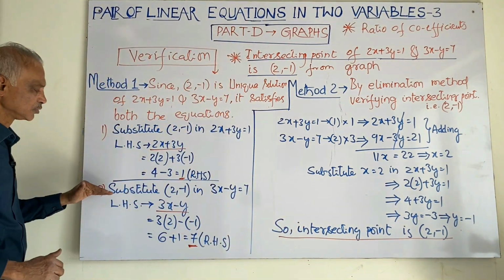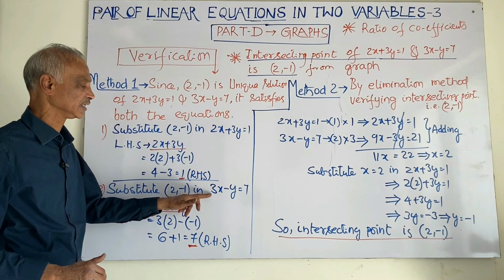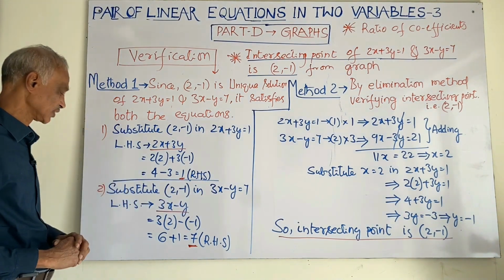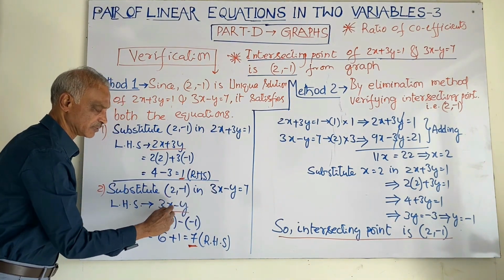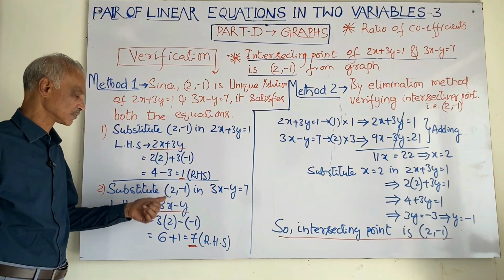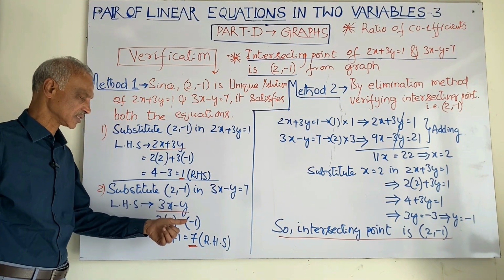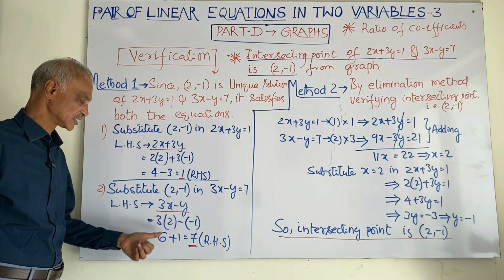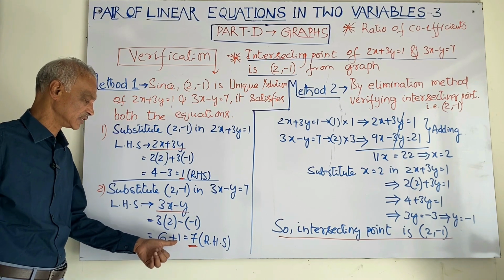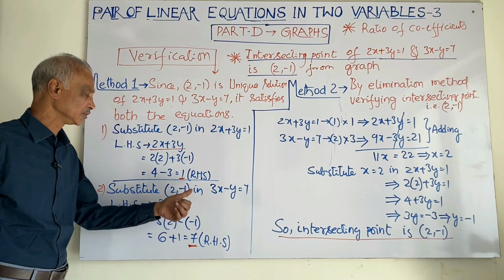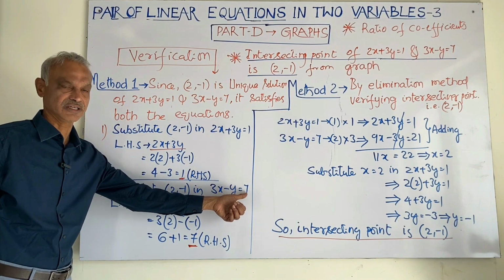Now substitute (2, -1) in 3x minus y is equal to 7. LHS is 3x minus y. In place of x substitute 2, in place of y substitute minus 1. 3 twos are 6, minus into minus is plus 1. 6 plus 1 is 7. You got RHS is equal to 7.